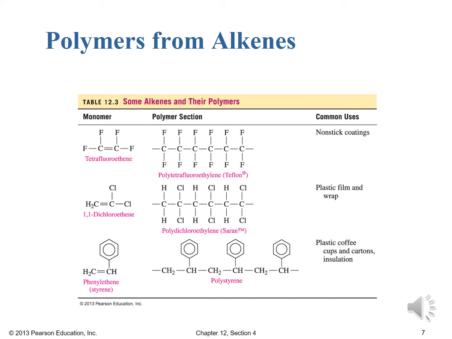If we move on to our table, 1,1-dichloroethene. Now that's polydichloroethylene, and that's the saran wrap that we looked at before. Plastic film and wrap is the major application. And finally, phenylethene, or styrene, as it's more commonly known, gives us our polystyrene, which is commonly used for styrofoam cups and cartons or insulation.